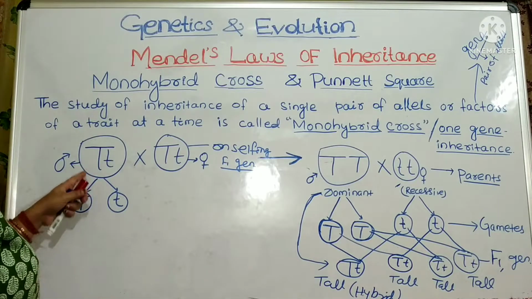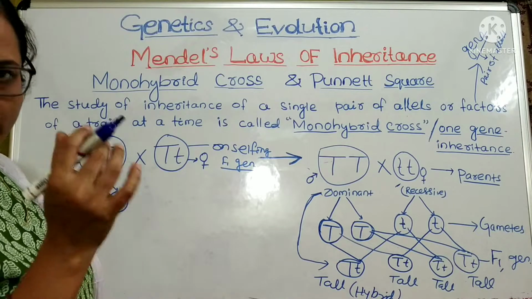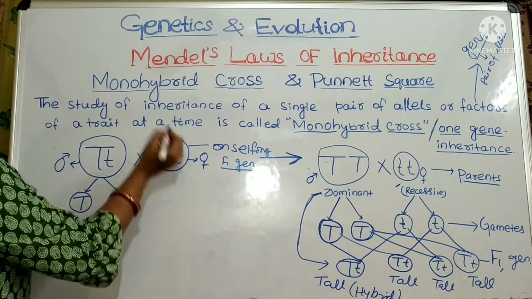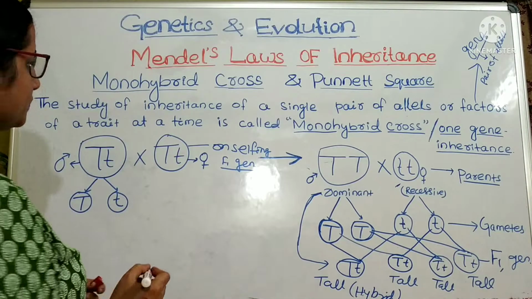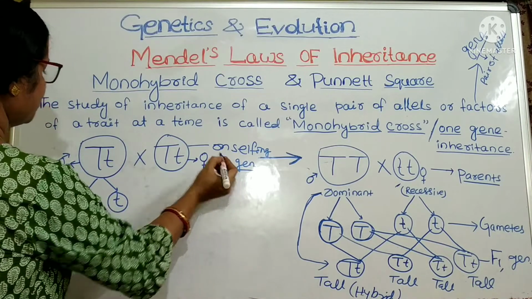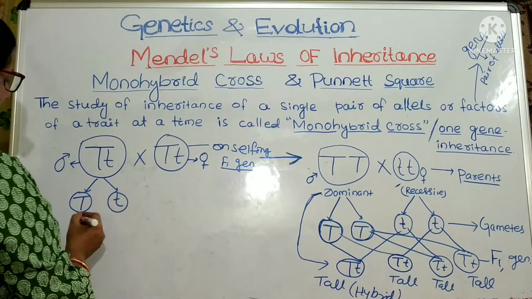Here the parent is hybrid, not pure. This is hybrid tall and this is also hybrid tall. And on selfing this F1 generation, we will get the gametes like this.